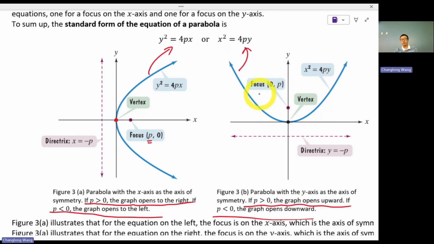As you turn it vertically, the focus is going to be on the vertical axis, and so does the directrix, which intersects the vertical axis but is a horizontal line. The way you write a horizontal line is y equals something. Since the directrix is always on the opposite side of the vertex, if the focus is on the y-axis at (0, p), then the directrix is down there, y equals negative p.